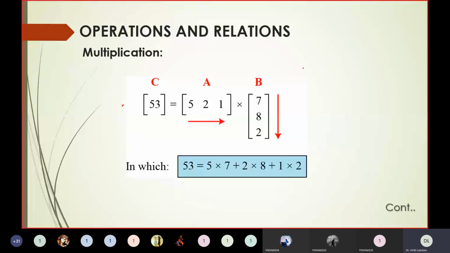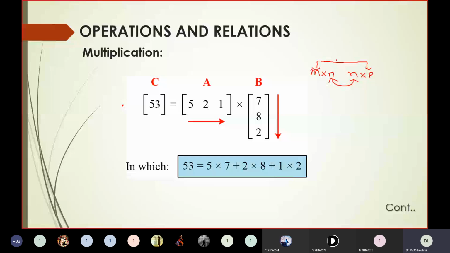Number of columns of the first matrix should be equal to the number of rows in the second matrix. Then only the multiplication operation is performed. Then the size of the resultant matrix is m by n. Sorry, m by p.